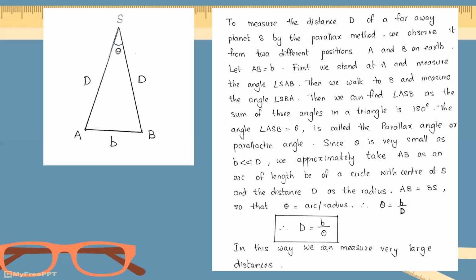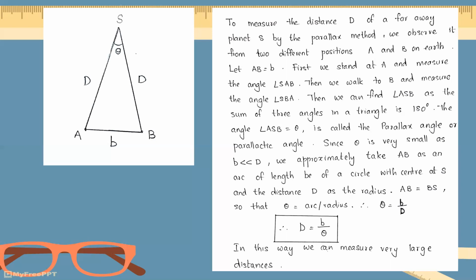So, when small b is very much less than capital D, we approximately take AB as an arc of length small b. And that small b is an arc of a circle.